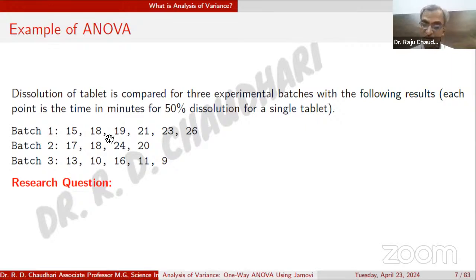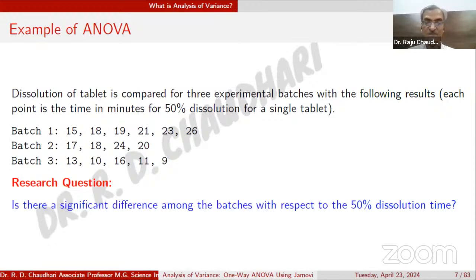The same batch was selected, but still there is a variation, which is a random variation. But from batch 1 to batch 2 there is a variation, batch 1 to batch 3 there is a variation, and from 2 to 3 there is a variation. That is the variation due to assignable causes. So in short, ANOVA is used for comparing means by analyzing the variances, right?